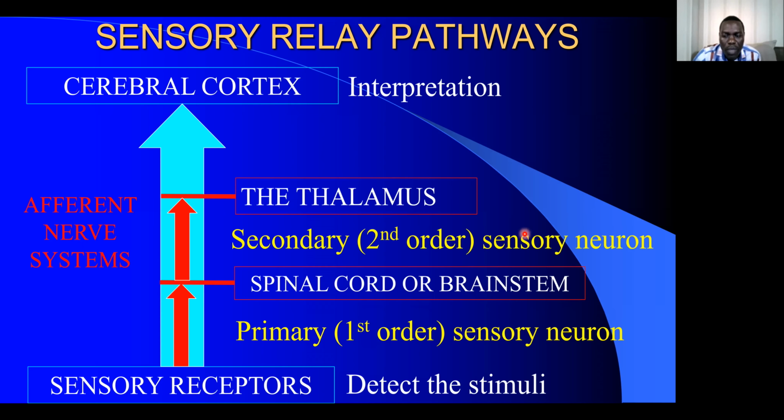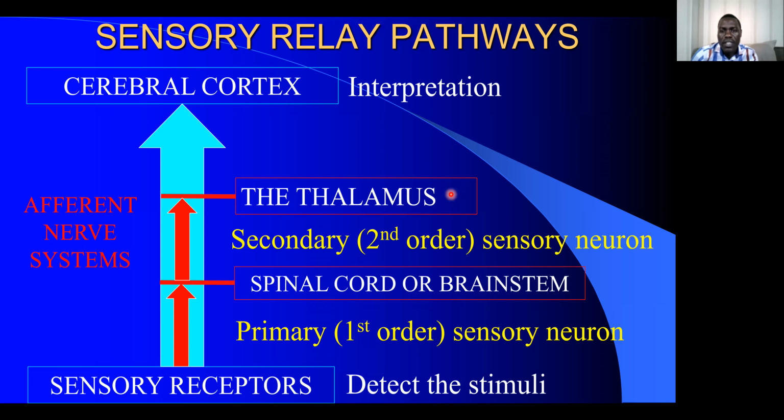And 2 things we mentioned about the second order sensory neuron. The second order sensory neuron decussates. To decussate is to cross over. If it was on the right, to go to the left. If it was on the left, to go to the right. Apart from decussation, the other thing the second order sensory neuron does is that it reaches the thalamus.